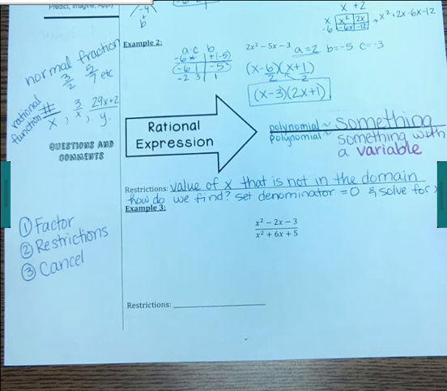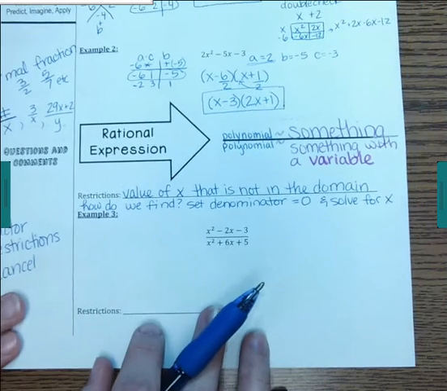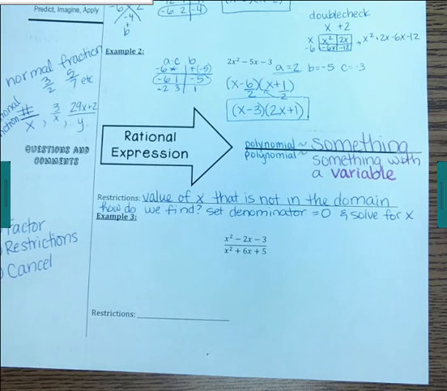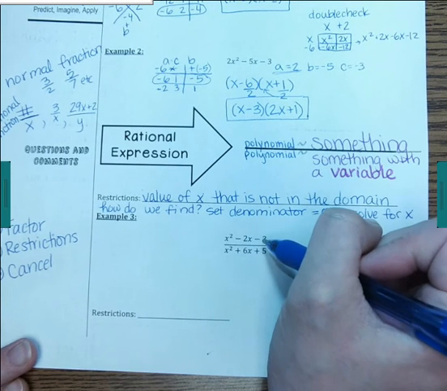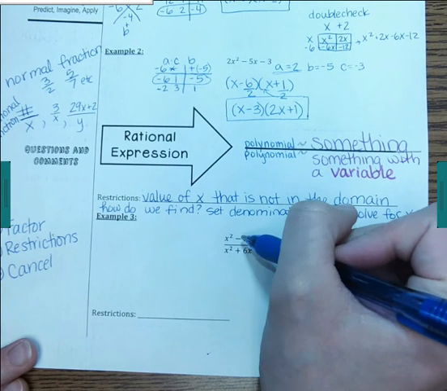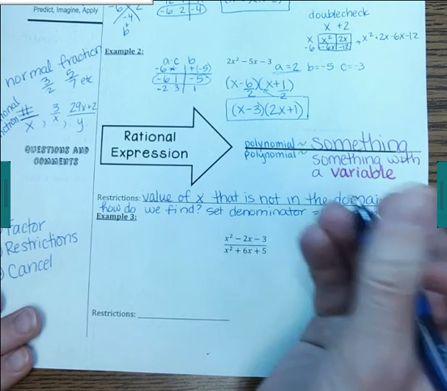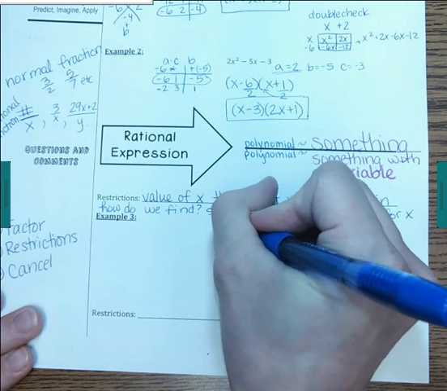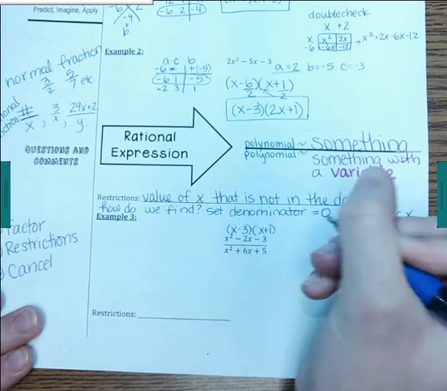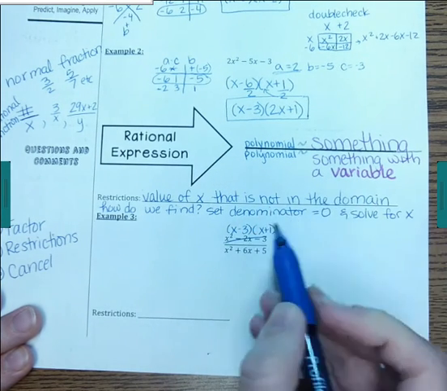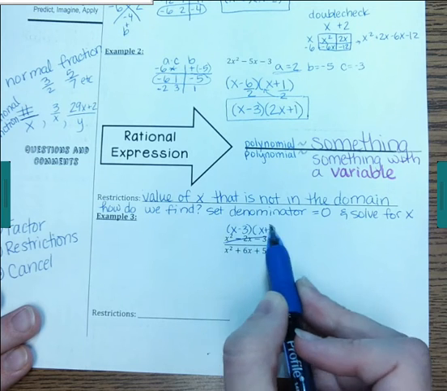Okay, as I mentioned, I'm not going to spend a long time going over the factoring for these because that is a review topic. So I need to factor this. I know that numbers that multiply to -3 and add to -2 are going to be x minus 3 and x plus 1. So I'm going to replace this standard form with the factored form.